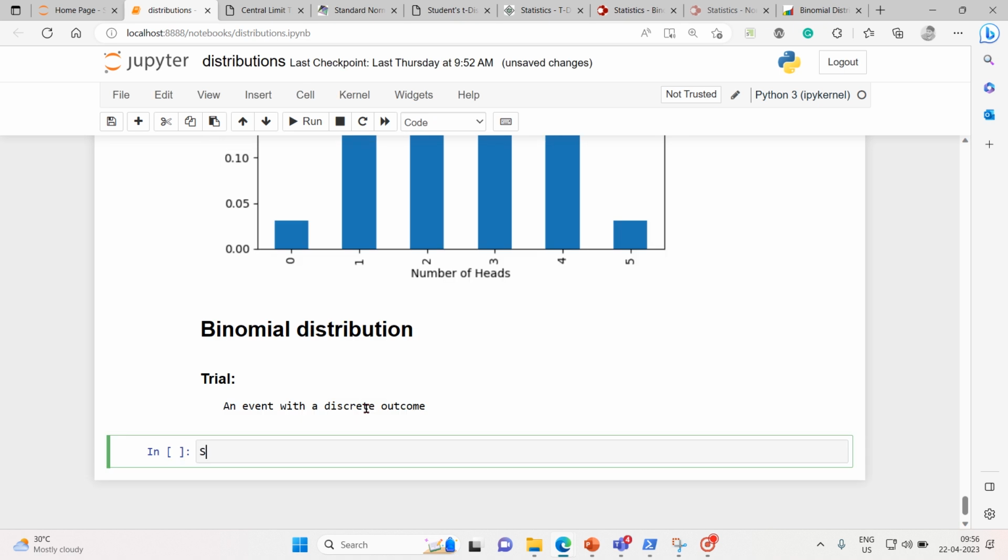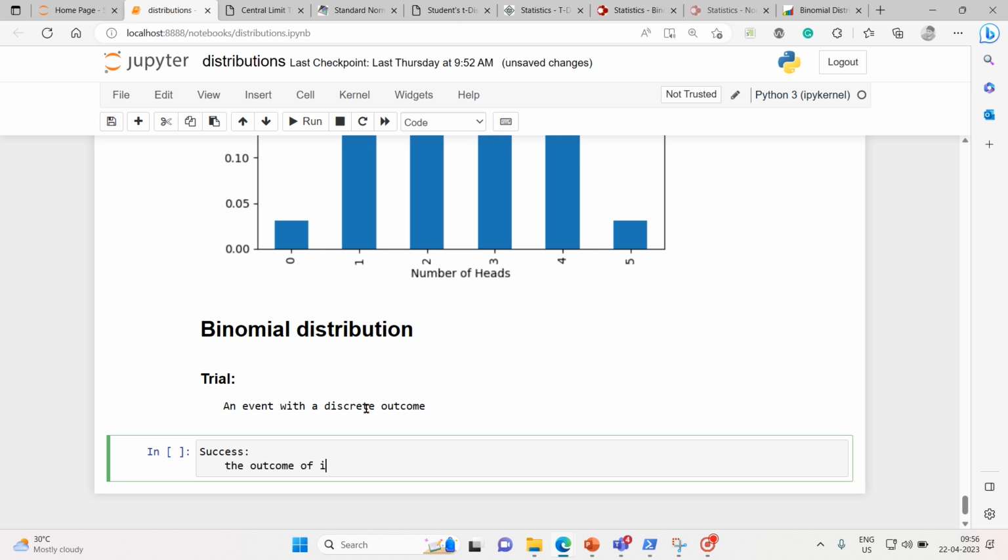Success: the outcome of interest for a trial. It doesn't tell about failure or success; it talks about the outcome of interest for a trial.